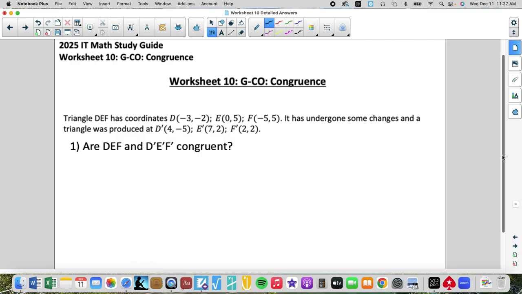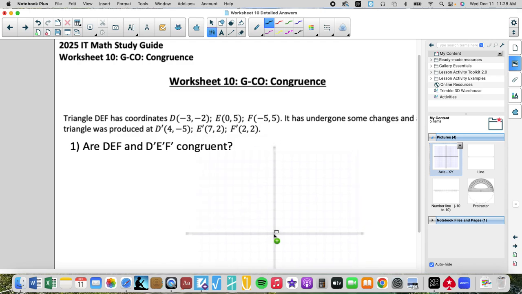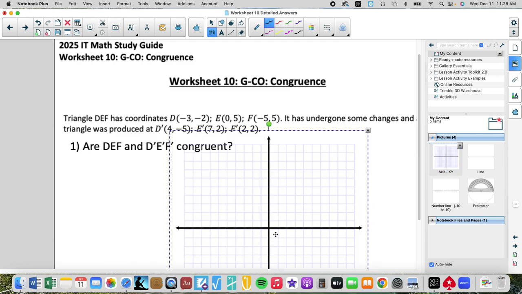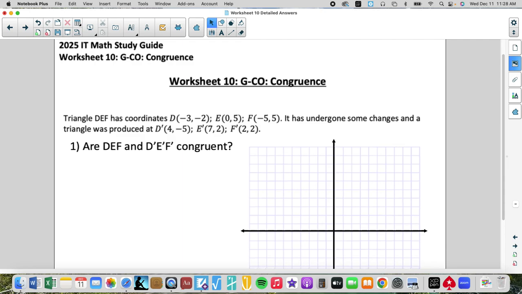All of these are within a normal coordinate plane, so let's just plot this in a coordinate plane. That's going to be our easiest way to do this. We'll do this in green. We'll do D, so -3, then 1, 2, 3 down, -2. That's my D point.